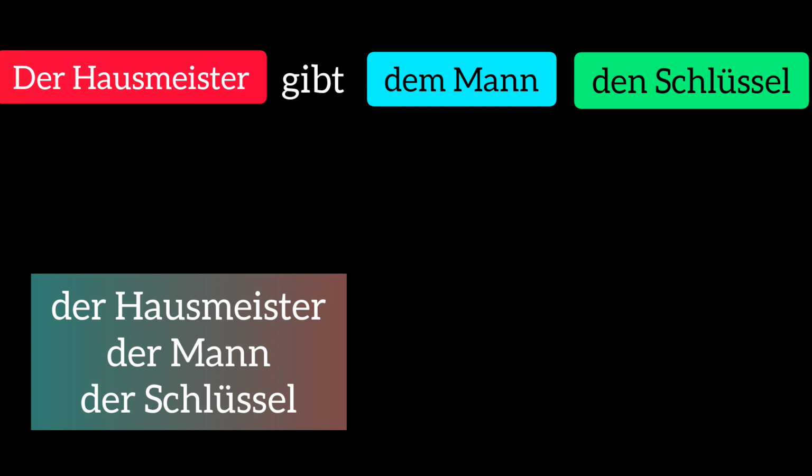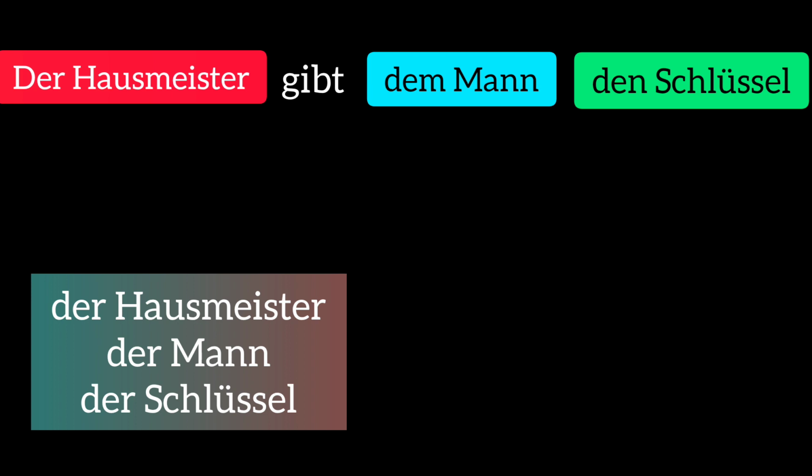All of these three nouns have the article der in their basic form. And now we are going to see how they change their article depending upon the case, or their Fall, in which they are coming in the sentence.